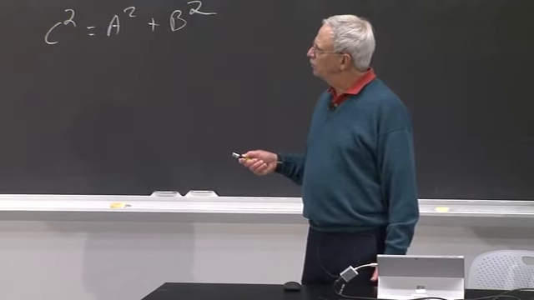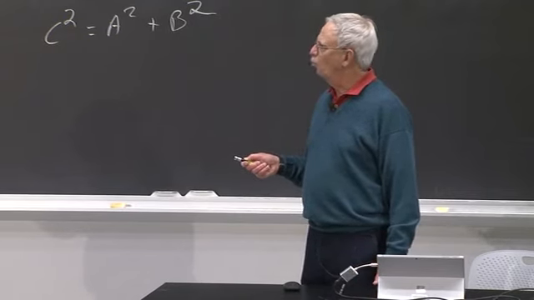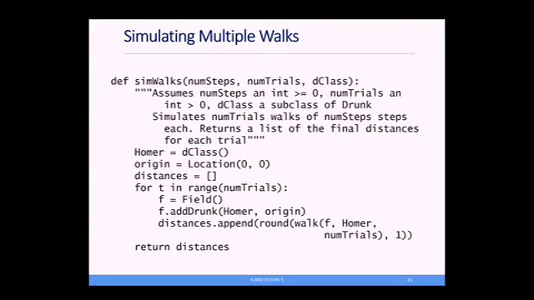So let's do it. So here I'm going to simulate a walk for one drunk, Homer. So we'll create a drunk named Homer, or the variable Homer, which is the drunk class. Then the origin, distances, and for t in a range number of trials, we'll just do it, and then we'll return the distances.